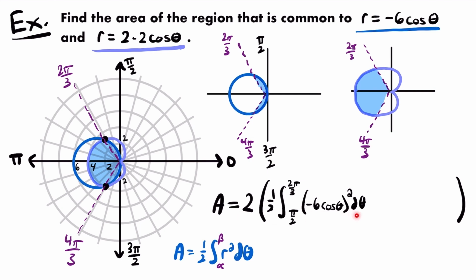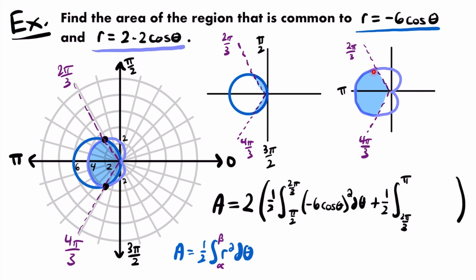Now let's set up an integral for half of this region, because we are multiplying it by 2. We are going to be integrating from 2 pi divided by 3 to pi, right? This angle right here is pi. So we'll have plus 1/2. Remember, we're adding this area, not subtracting. And then we'll have the integral from 2 pi divided by 3 to pi of r squared.